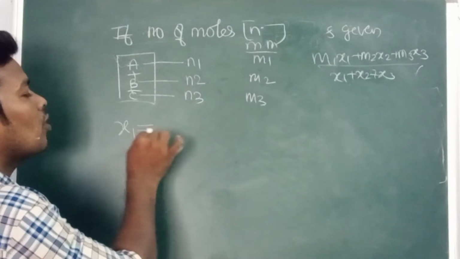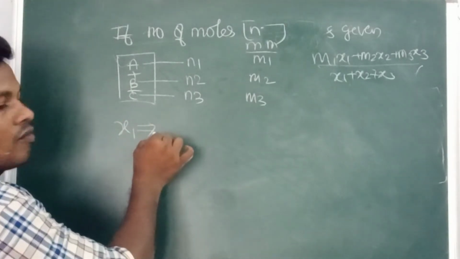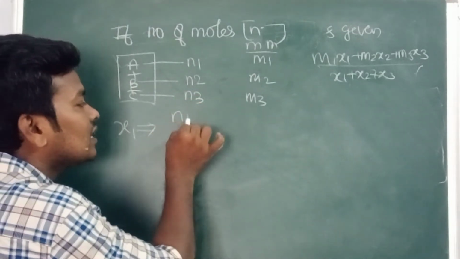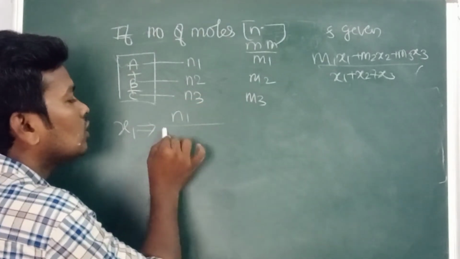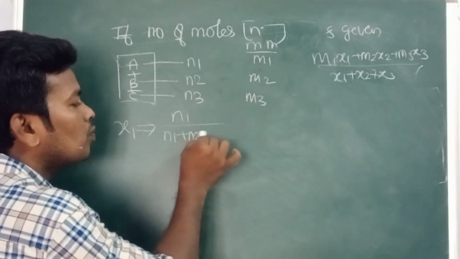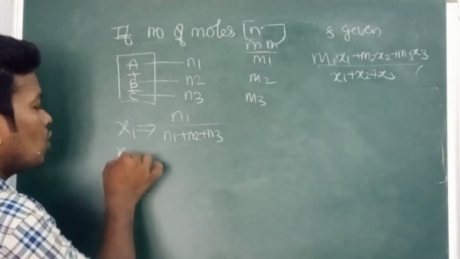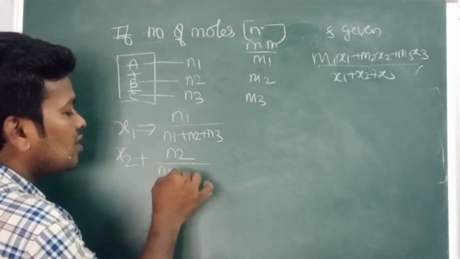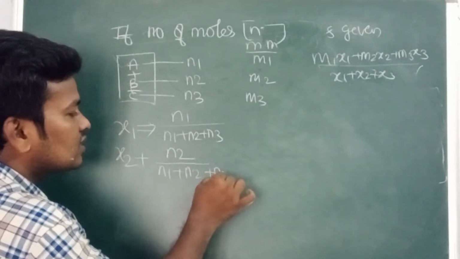X1 of the first molecule: how can you calculate it? The number of moles of that particular molecule by the total number of moles, N1 plus N2 plus N3. X2 is N2 by N1 plus N2 plus N3.